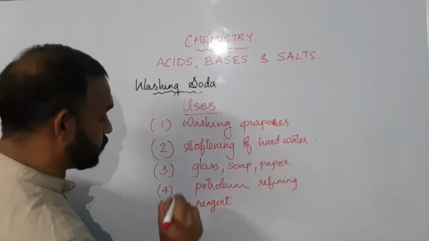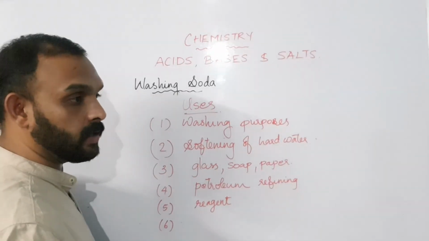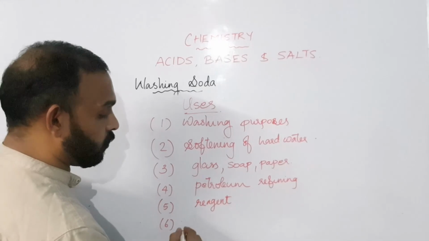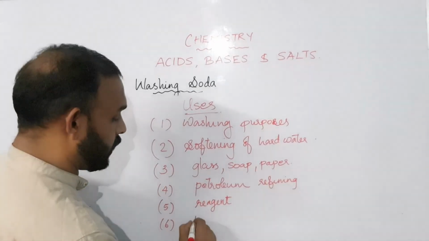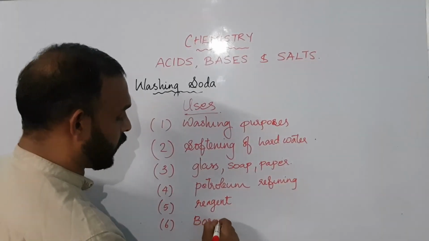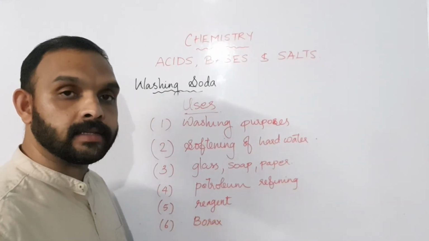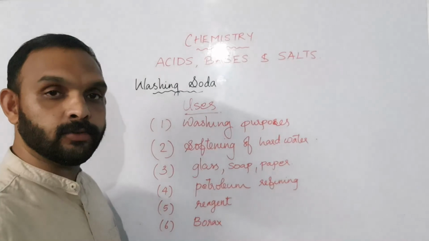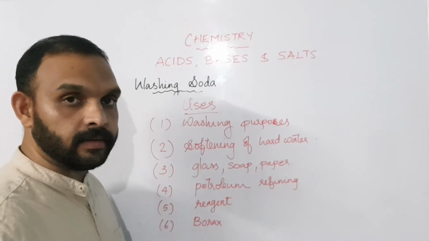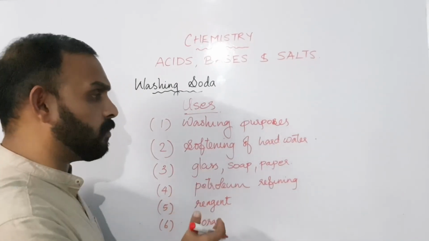Another use is in the manufacture of a sodium product like borax. Borax is a sodium product. So for the preparation of borax, washing soda is used. Is it clear? Okay.